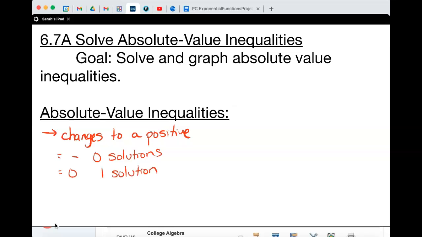So with inequalities, I don't think I'll ever give you a negative solution one, just because it's a little more confusing with an inequality, I guess. So with absolute value inequalities, I'll probably always give you a positive, so you always get two solutions out.